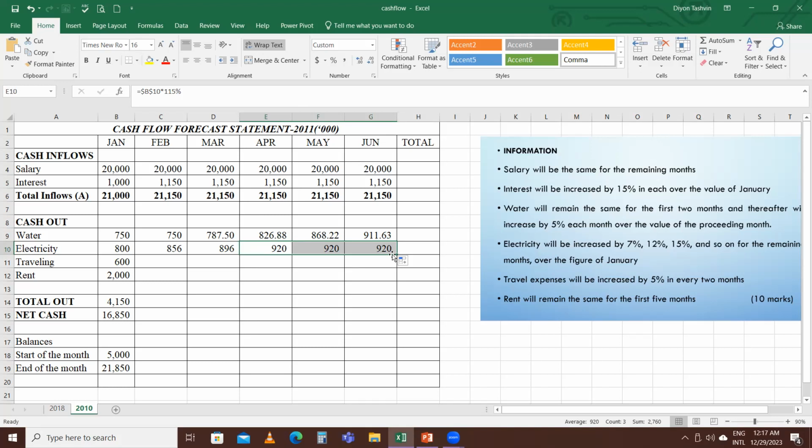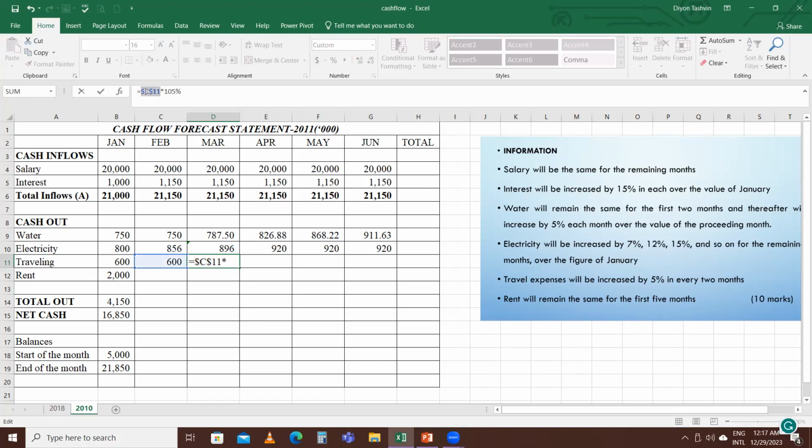Then traveling. Traveling will increase by 5% every 2 months. So in these 2 months, it will be the same. After that, in March, it should increase by 105%. Then it will be the same, right?